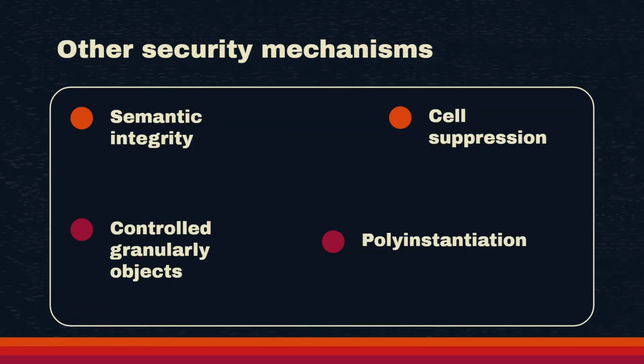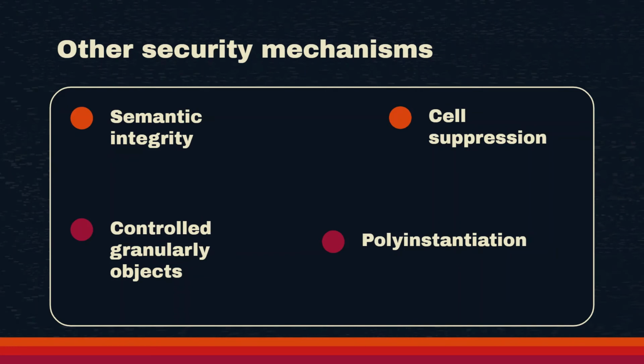Then we have other security mechanisms that can be used by the DBMS. We have semantic integrity that ensures that user actions don't violate any structural rules. Also, we have control granularity, which means that they manage the objects in a granular way to have control over access based on the context or payload of the object being accessed.